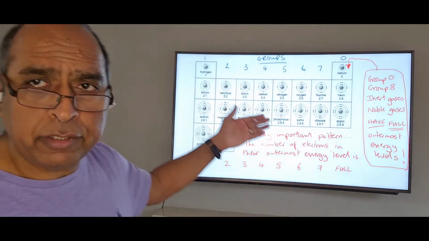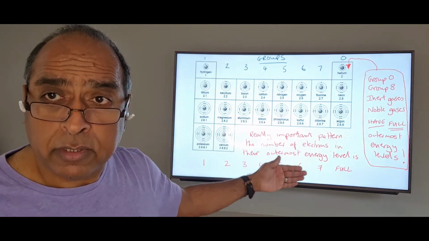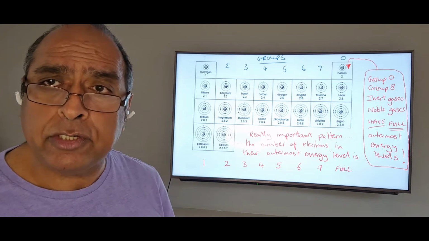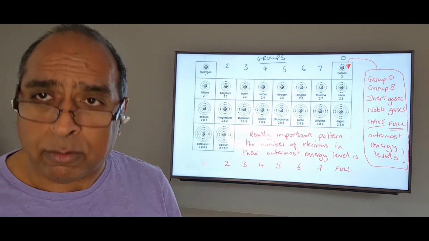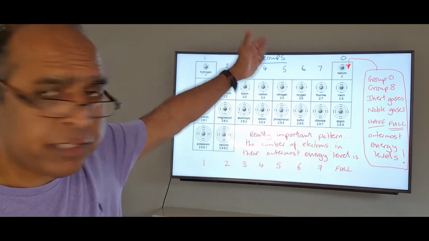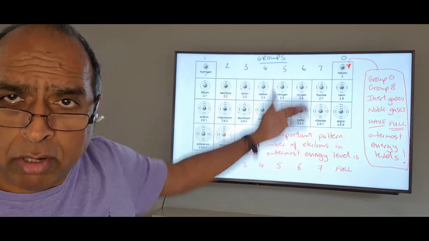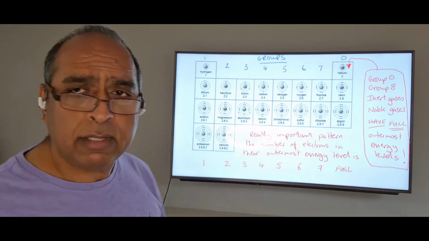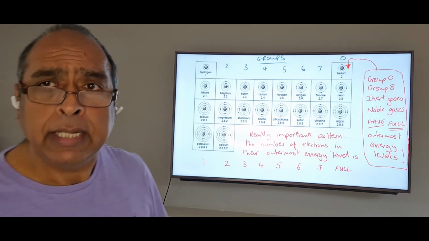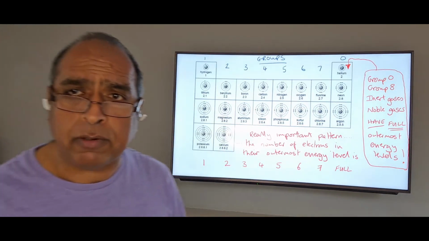If we go on to the others that are not there, the bigger ones, you won't ever be asked to draw them, but you do need to know how many electrons they would have in the outermost energy level, and the answer would be they would be full. The first 3 are full. Carry the pattern on. The next 3 that are there on the periodic table, they will be full also. Carry the pattern on with every group though.